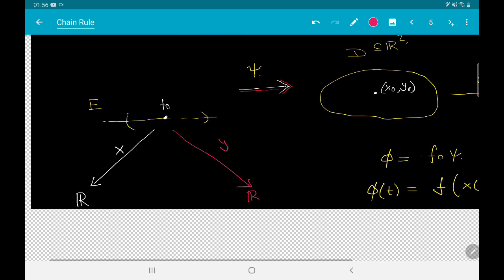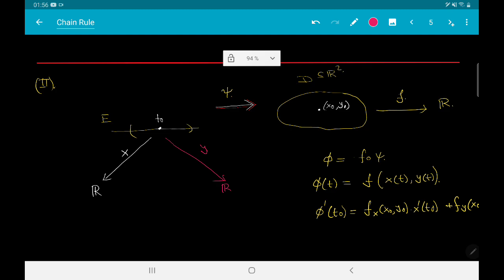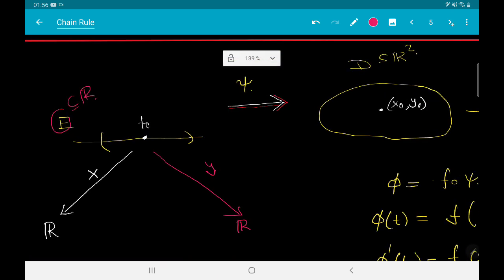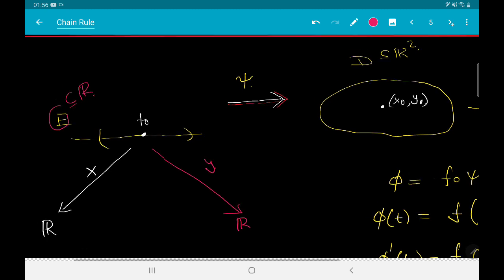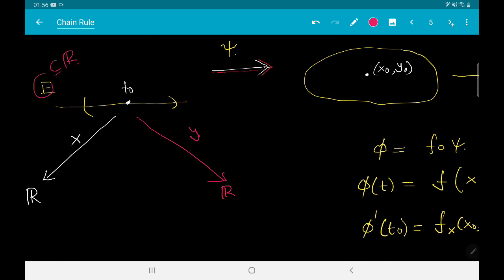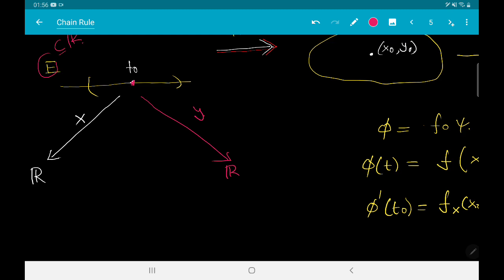The second case was somewhat more complicated. Here we started with a subset E of R. Again, I want to stress for the final time that the pictures are in general misleading, and there is no reason to think that E is an interval. E can be any subset. All we need is that the point that we have chosen, t₀, is an interior point of E. So I have a map psi which comes from taking one real valued function on E, which I call x, and another real valued function on E, which I have called y.